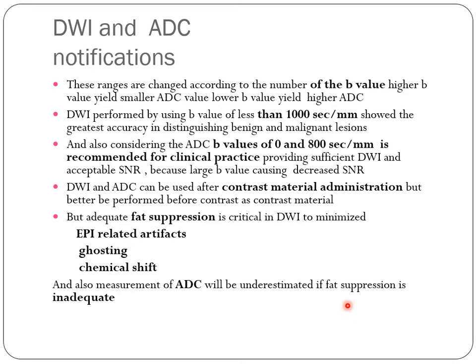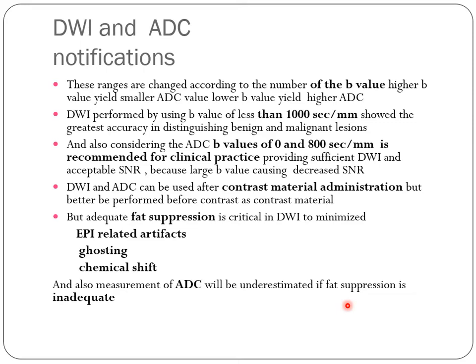Regarding diffusion weighted image and ADC, some notes are important to keep in mind. These ranges change according to the B value. A higher B value yields a smaller ADC value and a lower B value yields a higher ADC value.